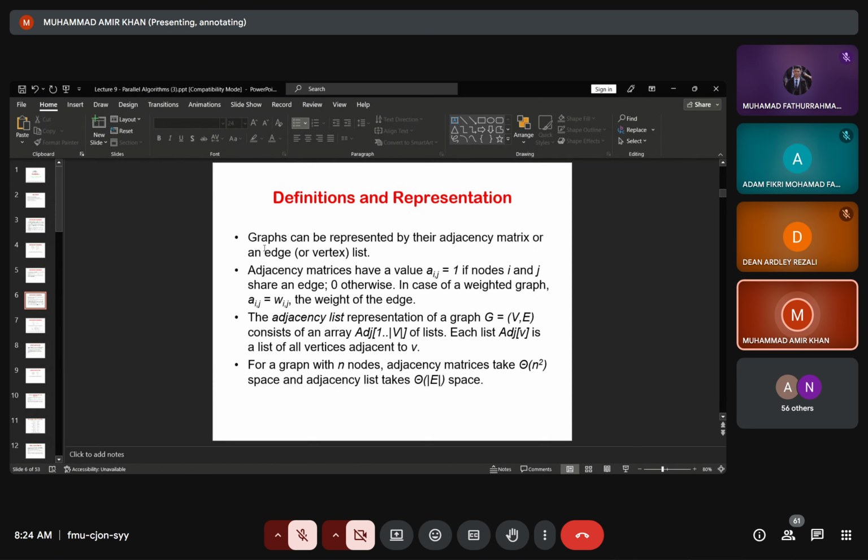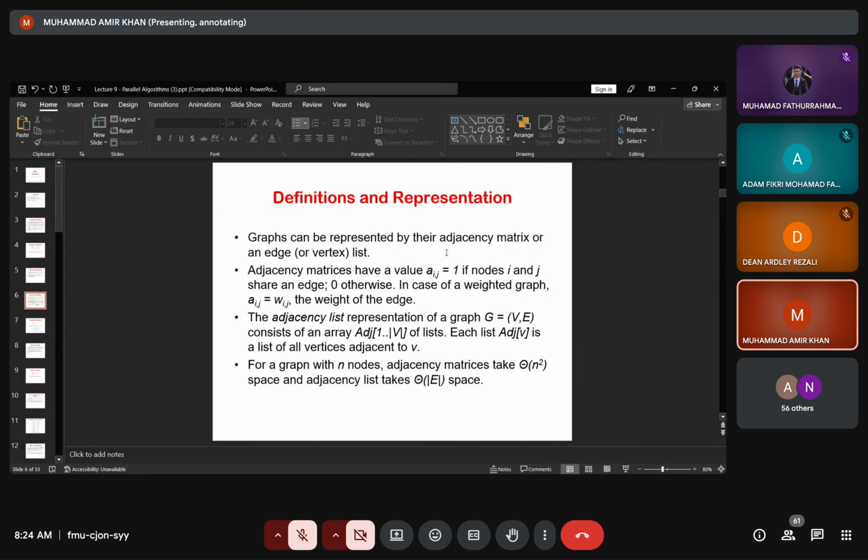Okay, so a graph can be represented by an adjacency matrix or edge or vertex lists. An adjacency matrix has a value a_ij equal to 1 if nodes i and j share an edge, otherwise 0. In the case of a weighted graph, a_ij is w_ij, the weight of the edge.